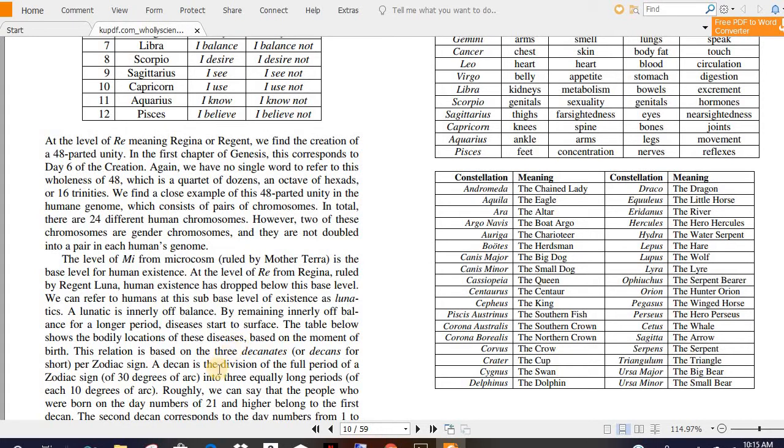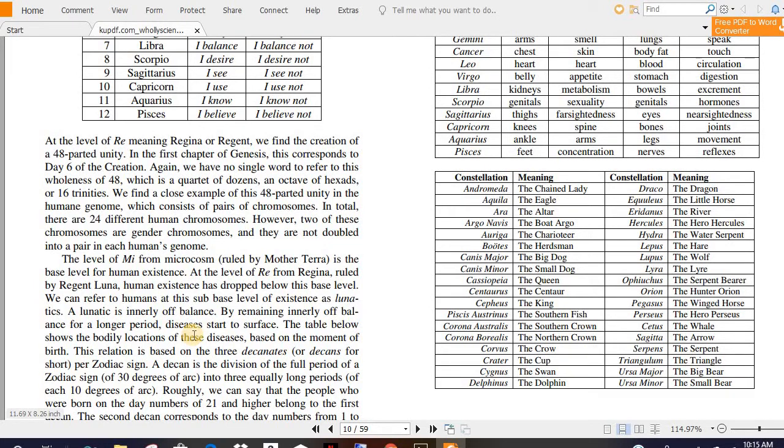The table below shows the body locations of these diseases based on the moment of birth. The relation is based on 3 decanates, or decans for short, per zodiac sign. A decan is the division of the full period of a zodiac sign of 30 degrees of arc into 3 equally long periods of each 10 degrees of arc.